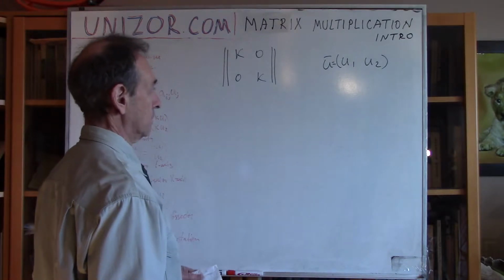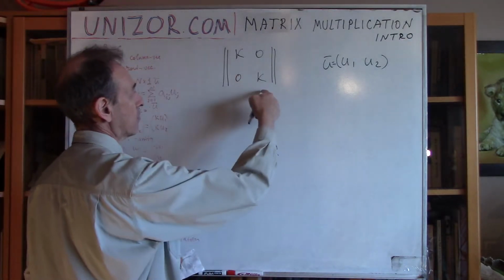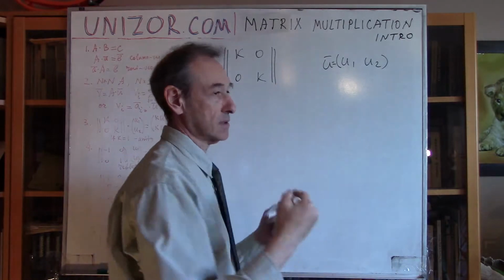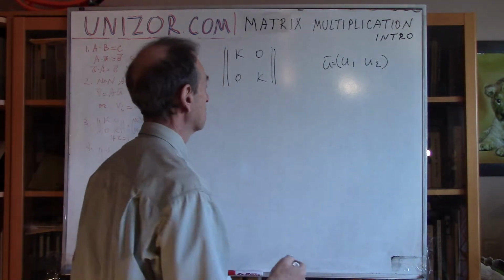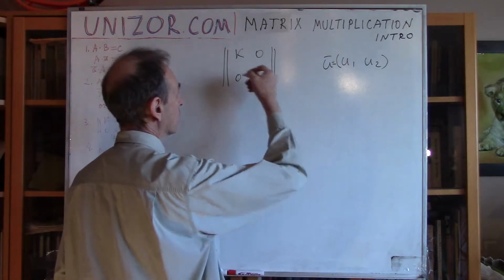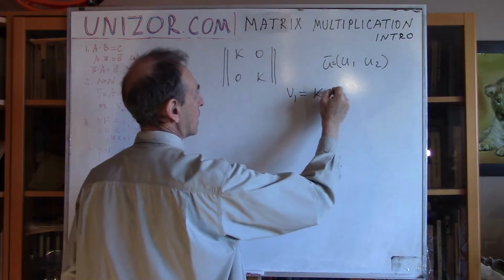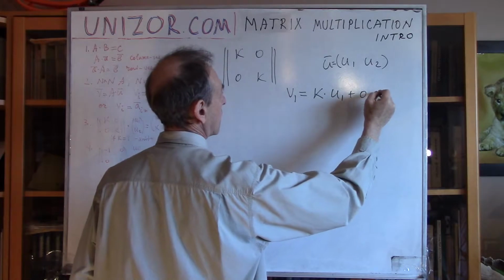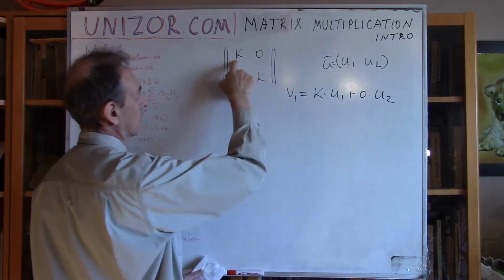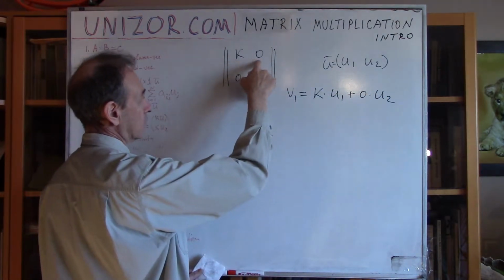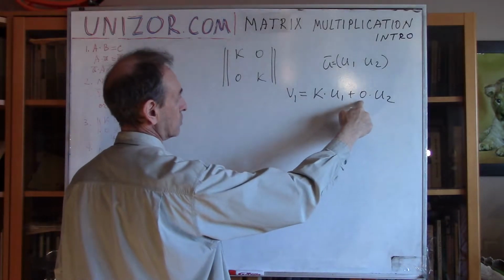Okay, well, if I multiply the square matrix by a vector, I will get another vector. Question is, what kind of vector is this? Well, according to the equations, v1 is equal to k times u1 plus 0 times u2, a11, a12.